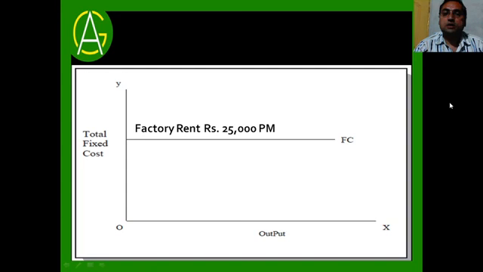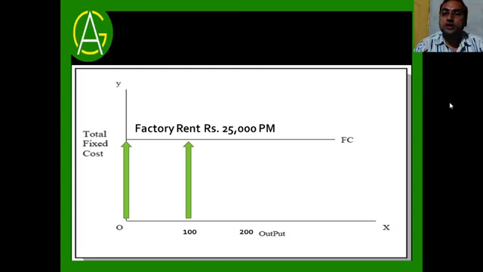So for example, the company produces 0 unit of output. At the 0 unit of output, the rent has to be paid, 25,000, because whether you produce or not, the rent has to be paid. So at 0 unit of output, the rent will be 25,000. Now if the company increases the production and it produces 100 units, again rent will be 25,000 only.